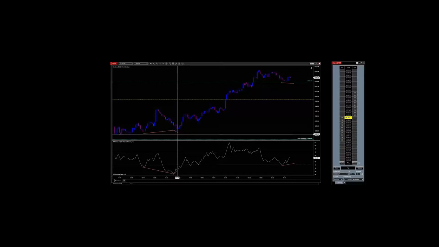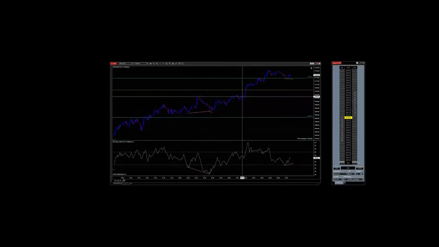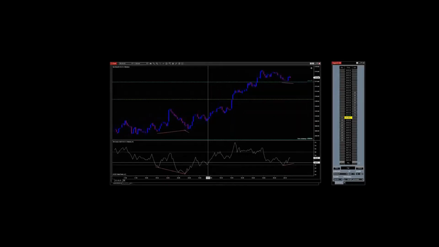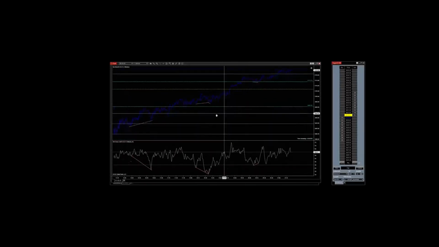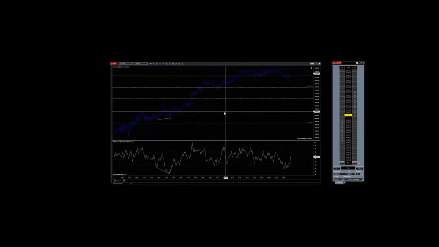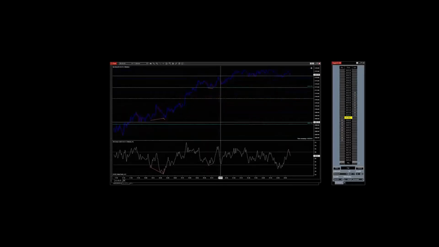So 2 points of risk on the S&P 500 to go at least to the KP, which was over 10 points. So these are just some great examples of how you could use your bias in the market to enter and find these trades.